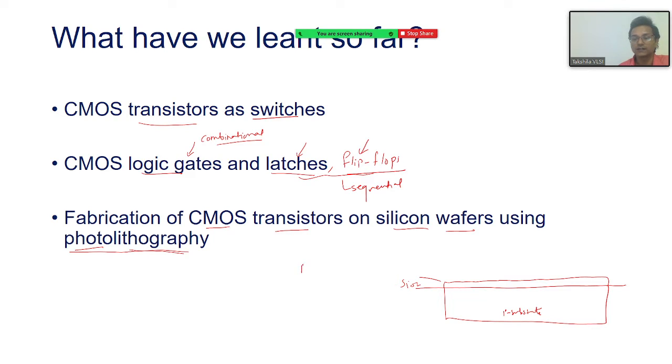We know what layers there are: P plus, N plus, poly, metal, and the contact. So first of all, I want to fabricate an N well in the P substrate. I have a CMOS transistor, which means I have NMOS and PMOS. I want to fabricate both transistors in this P type substrate, a P type semiconductor.